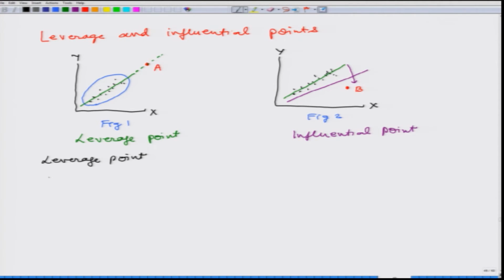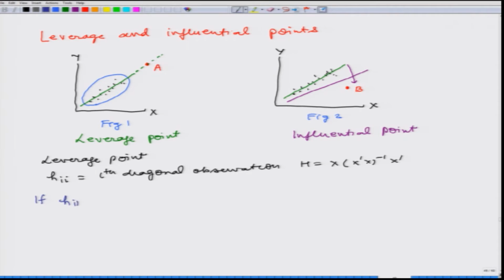Let us denote, as earlier, h_ii as the ith diagonal element of the matrix H = X(X transpose X) inverse X transpose. Right. Now, the rule is very simple.